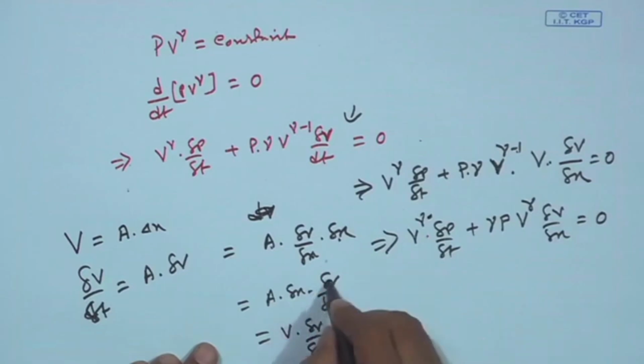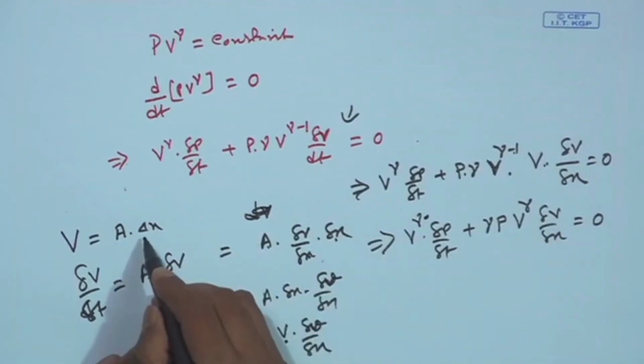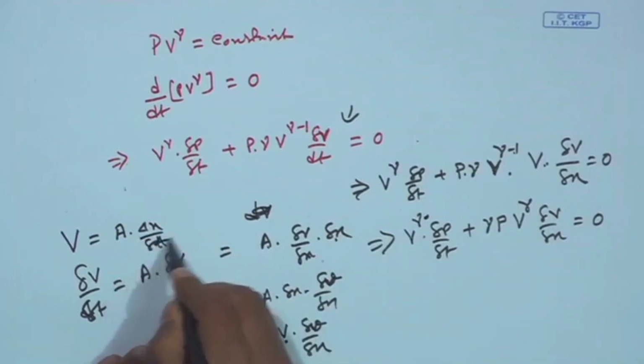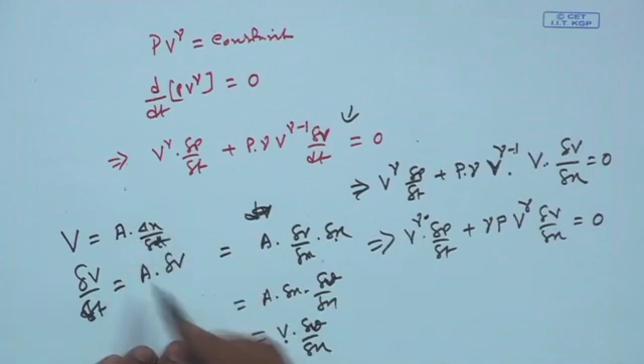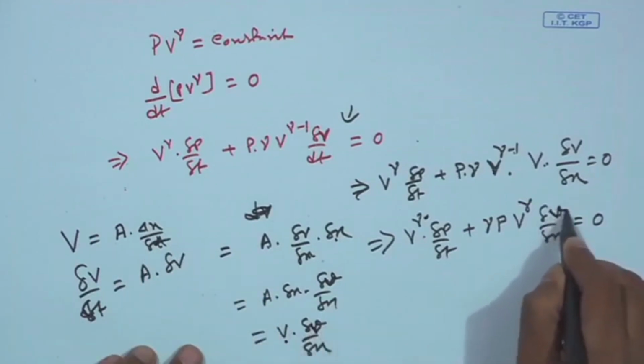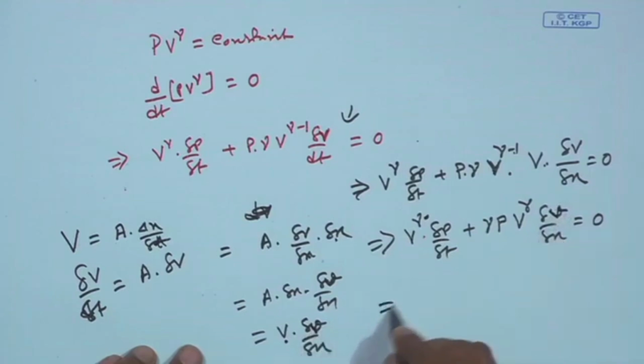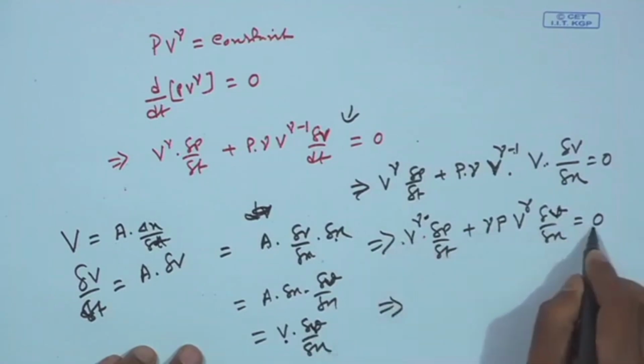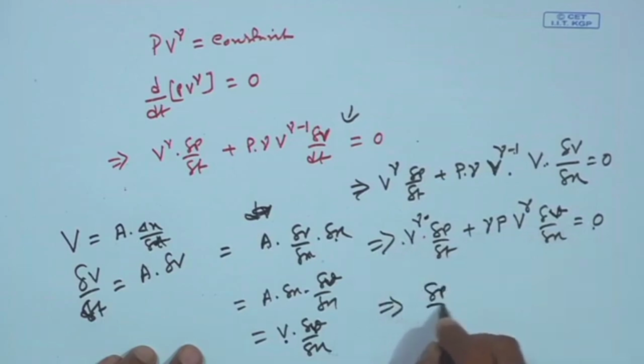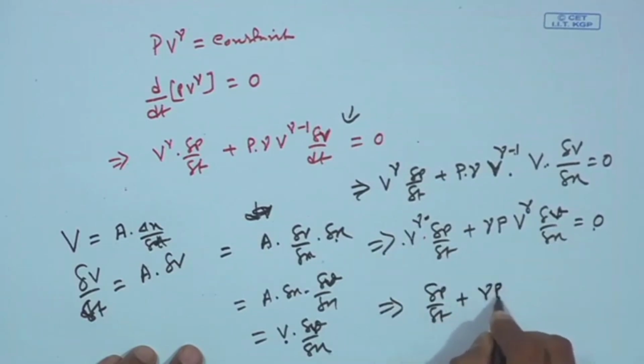So, this small v is the velocity and this capital V is the volume, because here I have said del x by del t is nothing but the particle velocity. So, this v is the particle velocity. Okay. So, I can say V to the power gamma is cancelled. So, I can say del p by del t plus gamma p del v by del x is equal to 0.